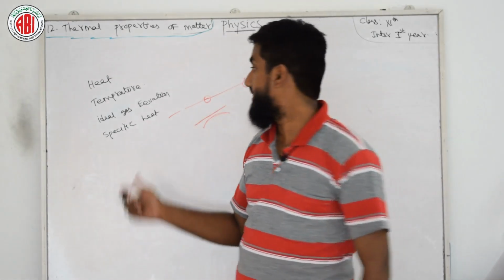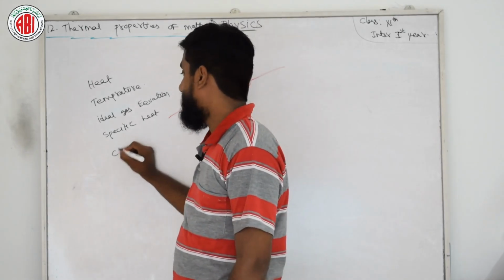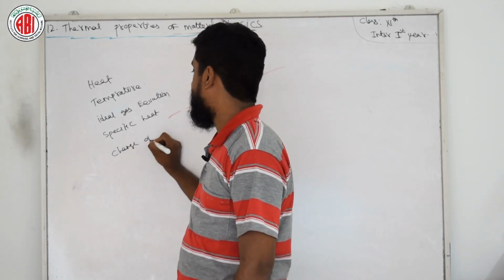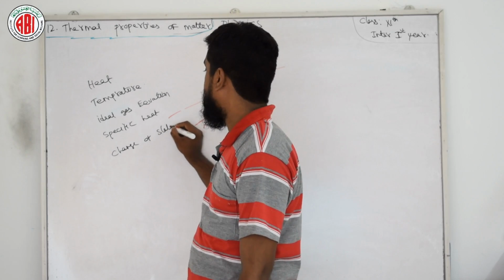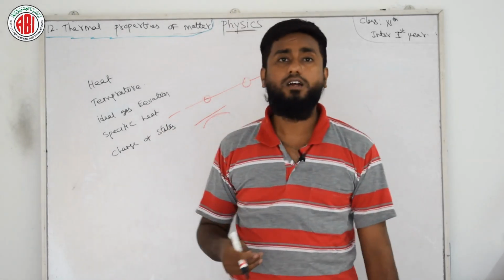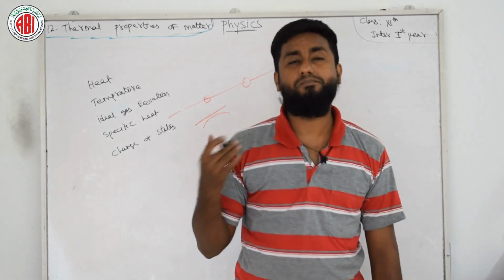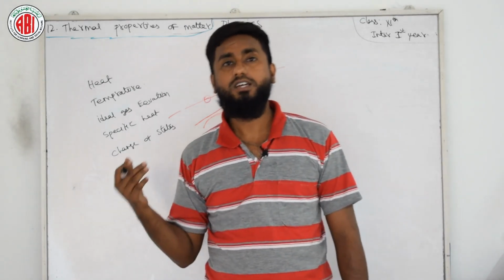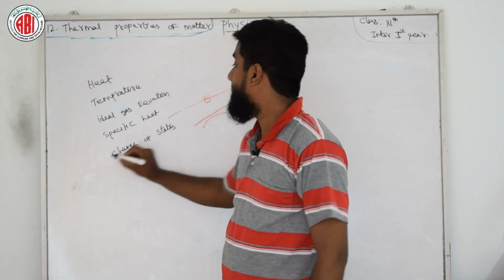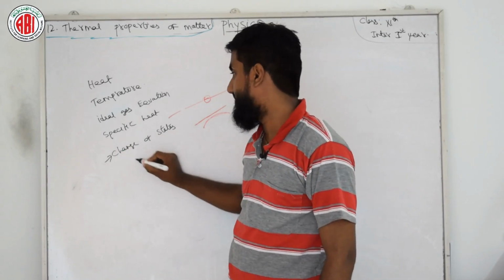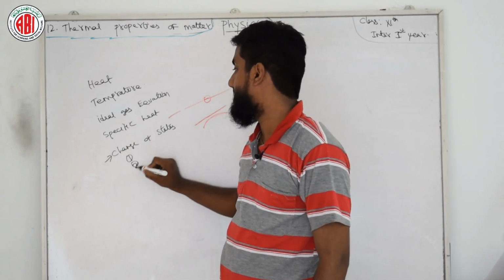After calorimetry, I explained the change of state, and in change of state I explained many things like what boiling is, what latent heat of vaporization is, and what latent heat of fusion is. You can go through some simple definitions related to change of state.